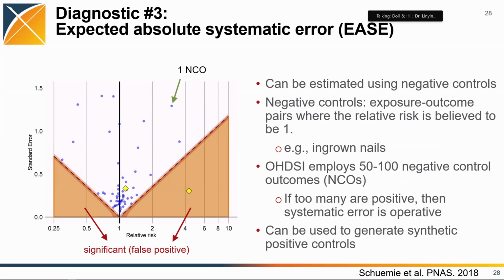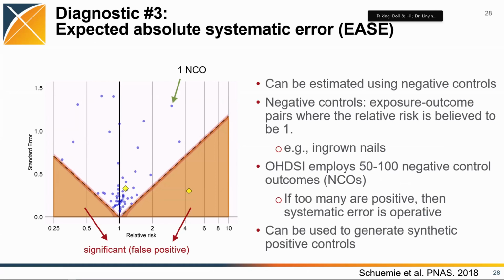It's worth explaining, and I hope this figure will better illustrate the idea. On this figure, the x-axis is the effect size, in this case the relative risk, and the y-axis is the standard error. The two diagonal lines indicate where the p-value equals 0.05. So if a negative control outcome is in this white region, that means we do not detect a significant causal effect for the negative control outcome, which is what we expect.